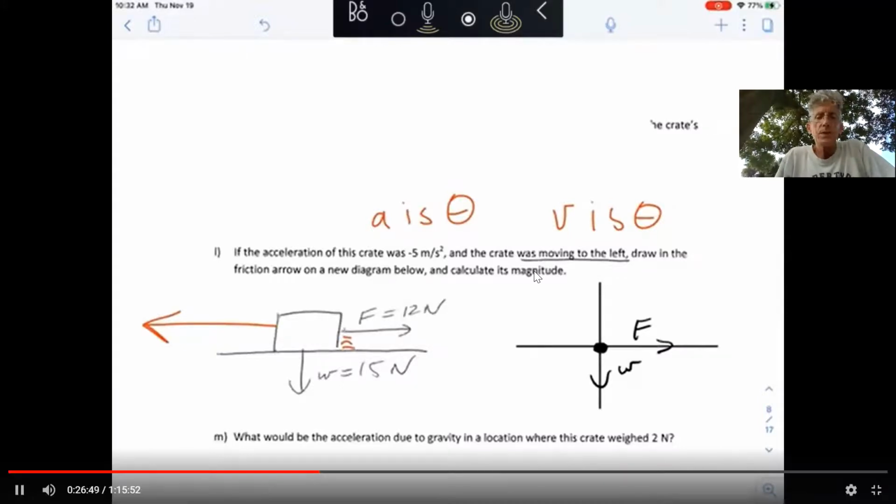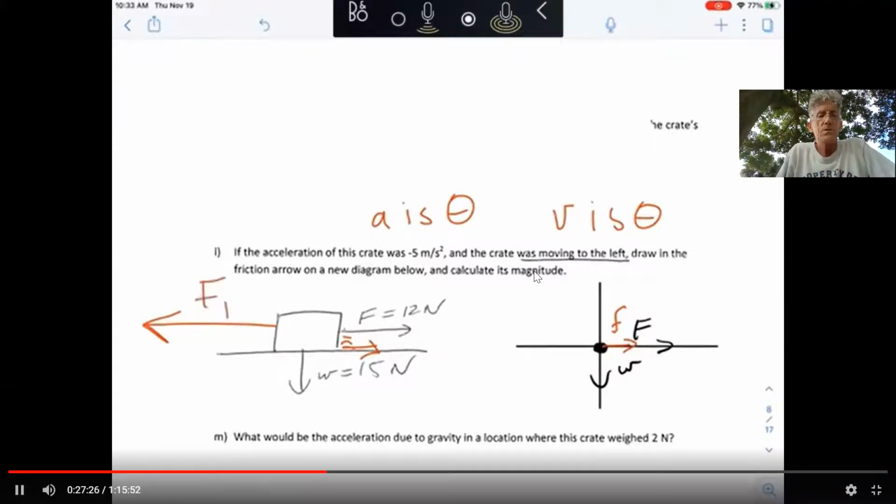So the friction has to be to the right. So I want to erase that going-to-the-left arrow. That arrow isn't really even there. That's the velocity. I shouldn't draw it in like that.